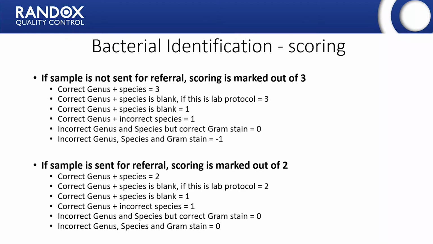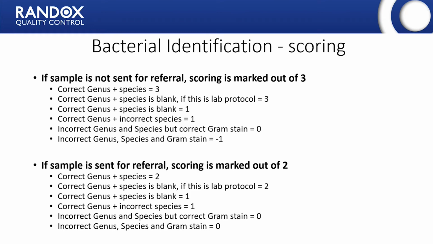The actual scores are indicated here. As I mentioned before, there are 3 levels. They can do it by the gram stain, which is a positive or negative value. They'll then have the correct genus and then the correct species. If they get all 3 correct, then it's a score of 3.